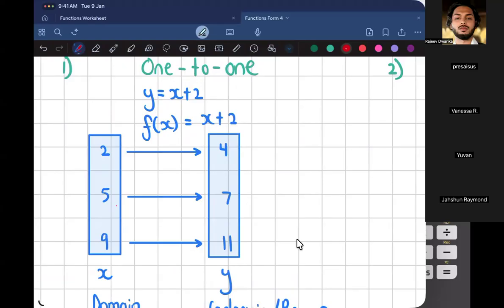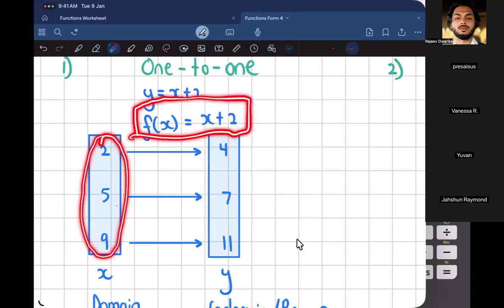So, Vanessa, if I plug in any one of these values into this function, it would do something to it and spit out an answer. If I put 2 into this, it'll add 2 to it, so I'll get 4. If I put 5 into this function, it adds 2 and gives me 7.